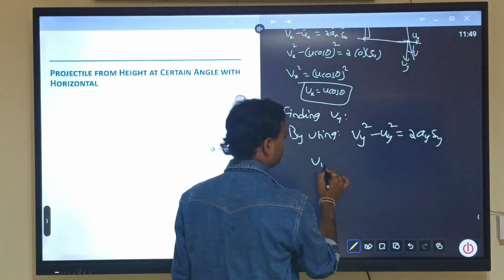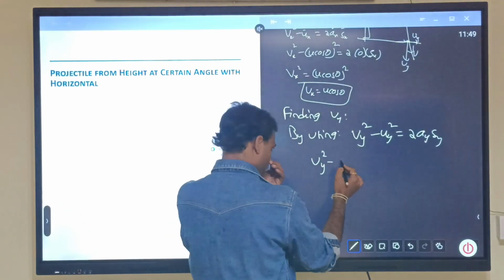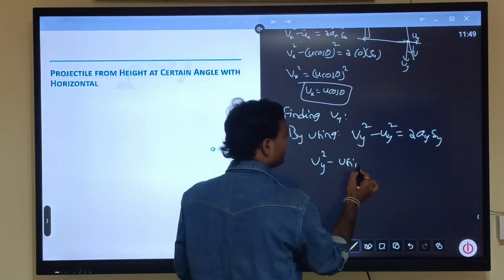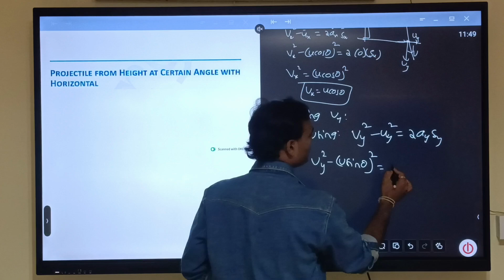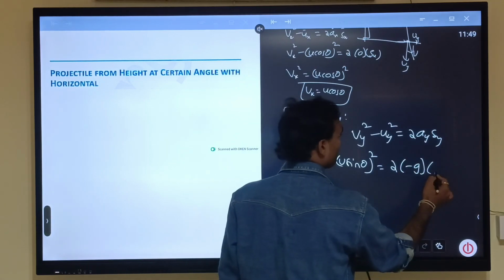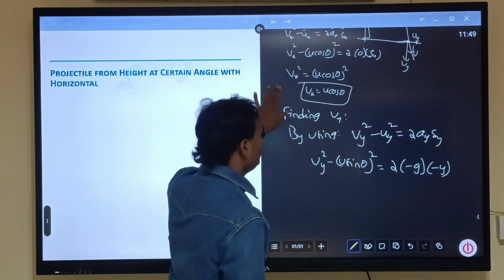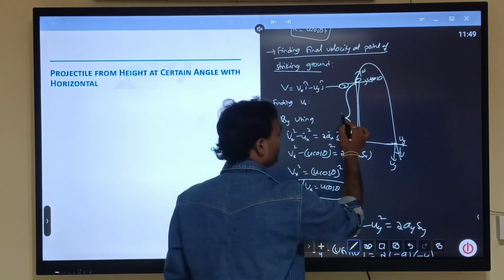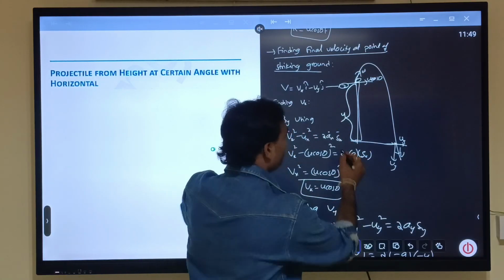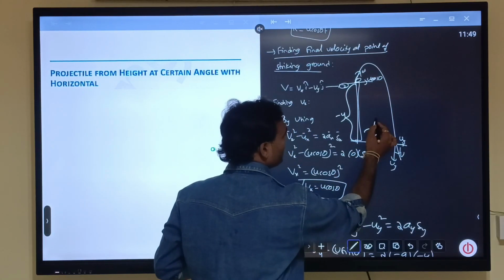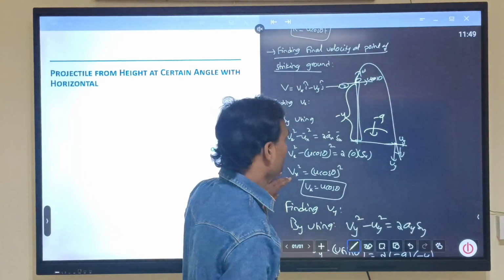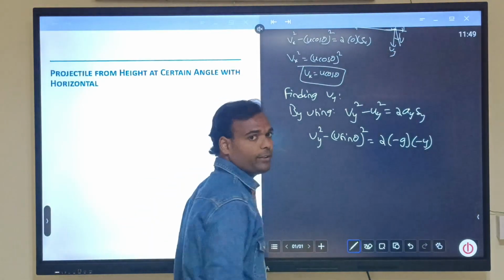Vy square is the final velocity, and uy square is u sin theta whole square, plus 2 into minus g into minus y. Here I am considering the height as y, in the downward direction minus y, and the acceleration due to gravity minus g, so minus g into minus y.